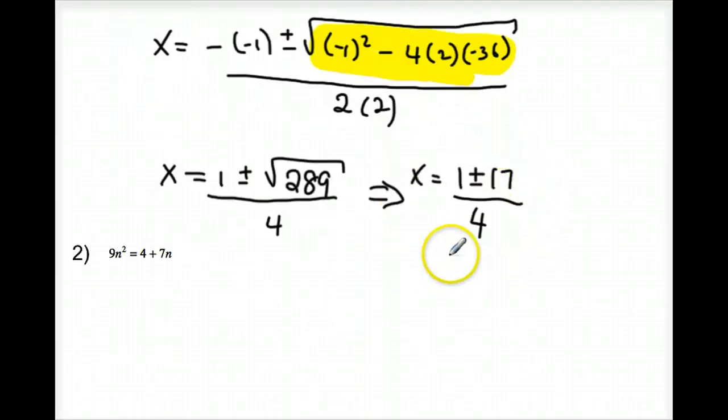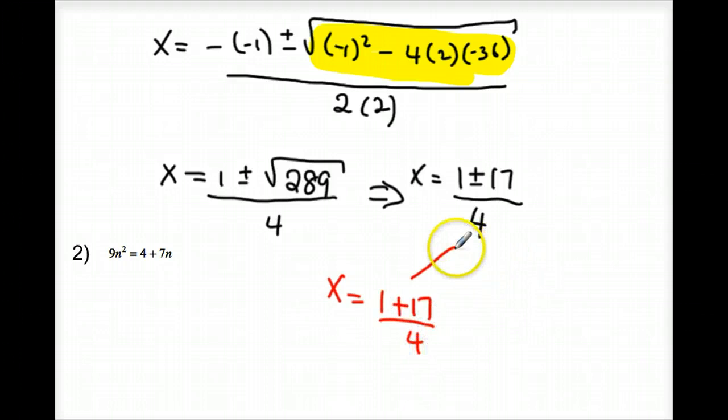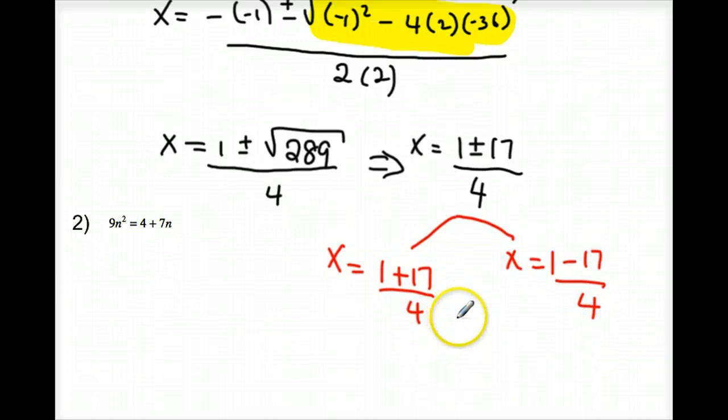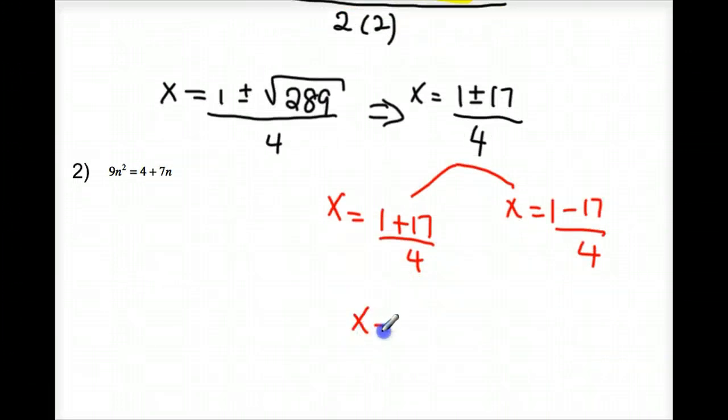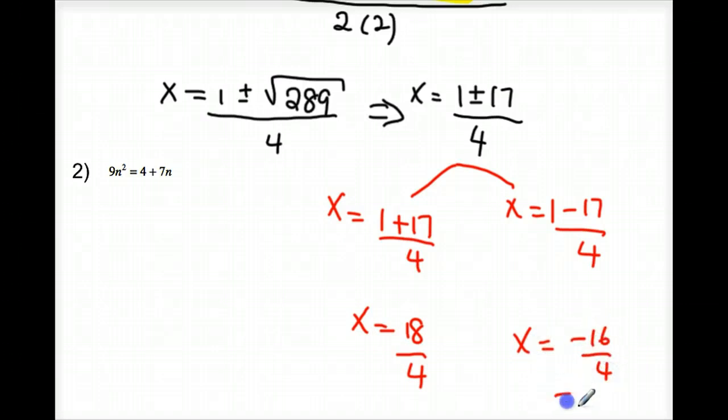So our two answers will be x is equal to 1 plus 17 over 4, or x is equal to 1 minus 17 over 4. This becomes x is equal to 18 over 4. You can simplify. x is equal to negative 16 over 4, which is the same as negative 4. That's my final answer.